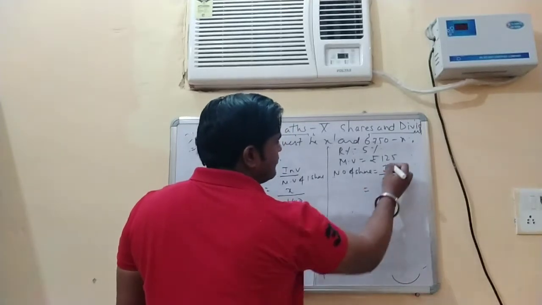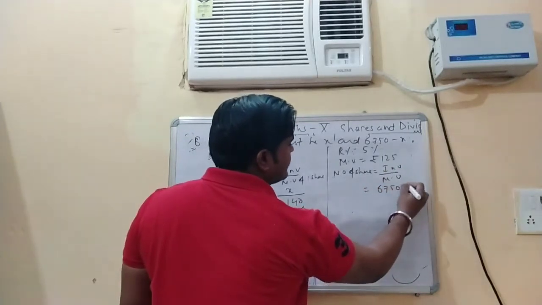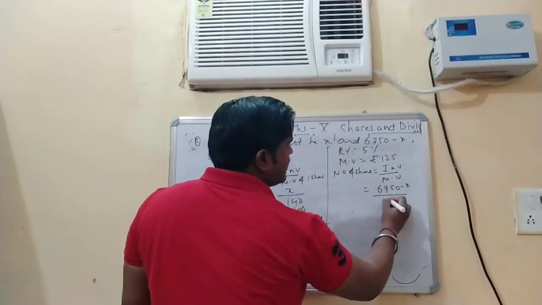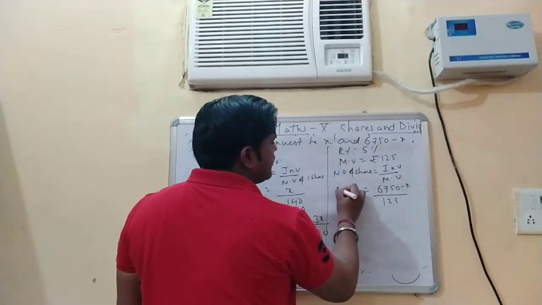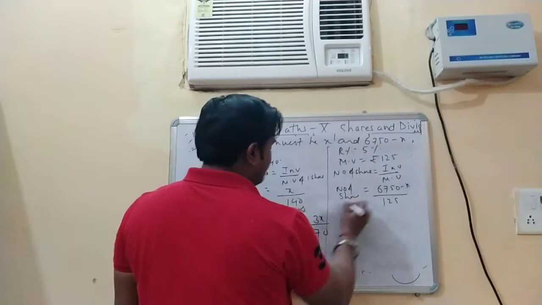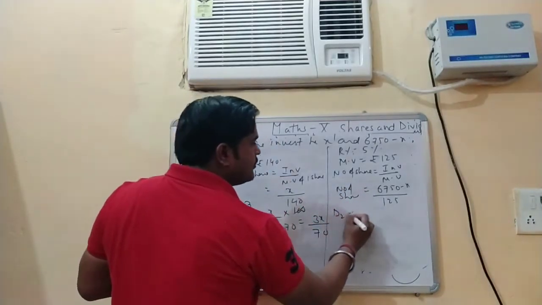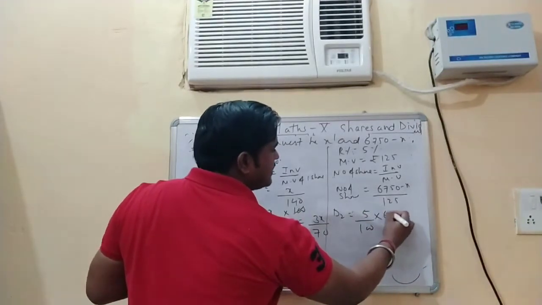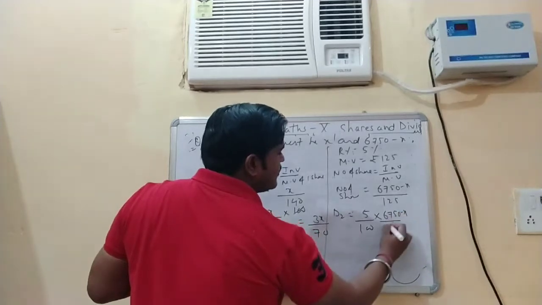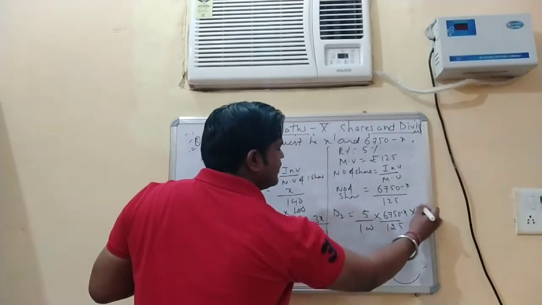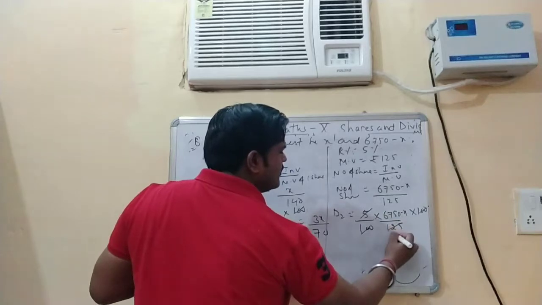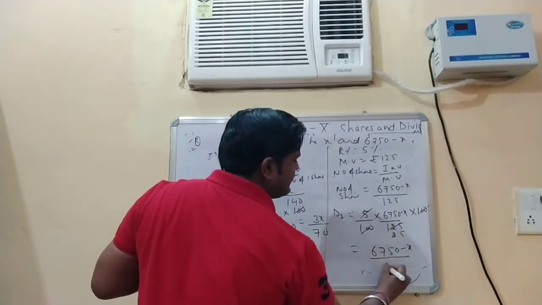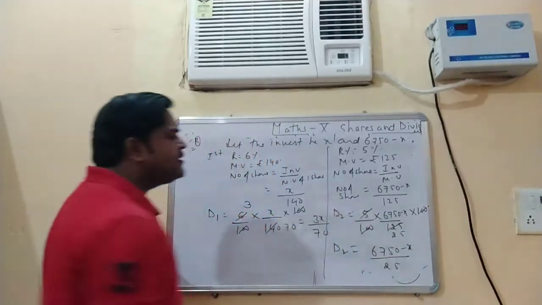This will be 6750 minus x divided by the market value 125. So from this, D2 will be equal to the rate 5% multiplied by the number of shares, 6750 minus x upon 125, into 100. This will be 6750 minus x upon 25. This will be dividend number 2.